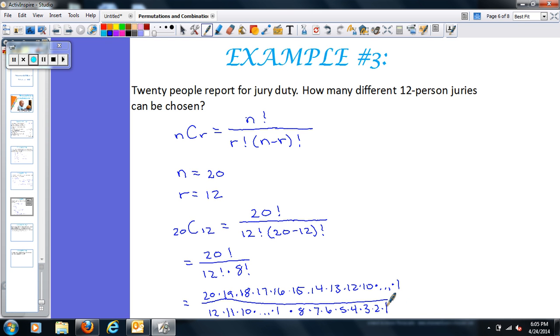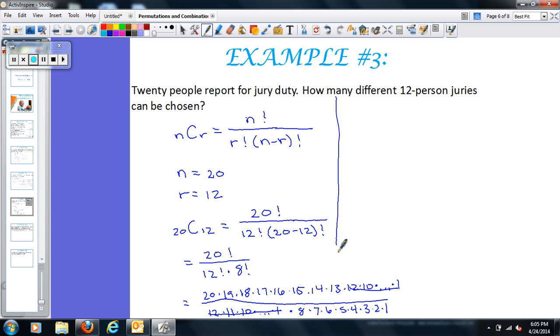Now, just like on the last one where we canceled, I can cancel here too. And the suggestion is to always cancel with the largest factorial on bottom because it gets rid of the most on top. So I know 12 factorial is 12 times 11 times 10 times 9 all the way down to 1. So I'm going to cancel this with 12 all the way down to 1. Okay?